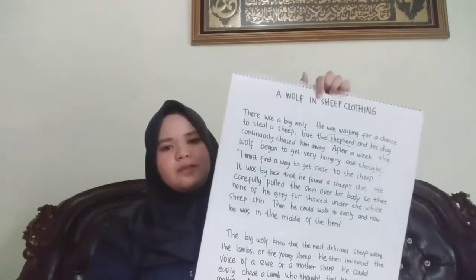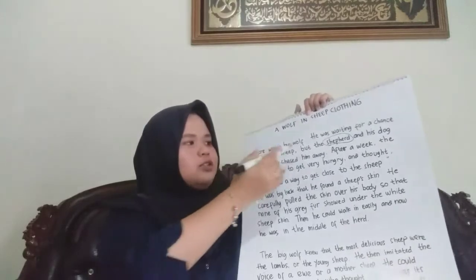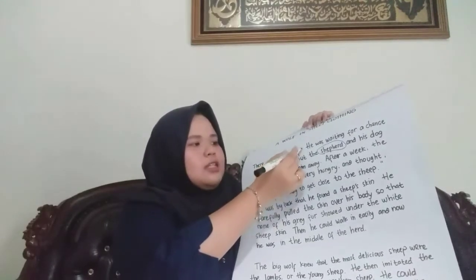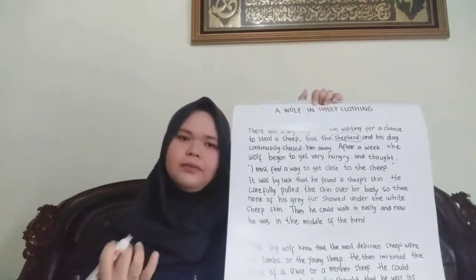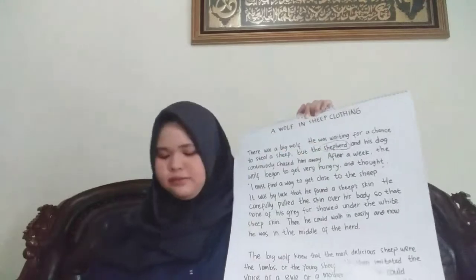Meanwhile, a short story can be based on a true story or an imaginary story by the author, and the characters are humans. So that is the difference. Same like this fable, the main character is a big wolf, and the other characters are a sheep, a mother sheep, lambs, and the shepherd itself.